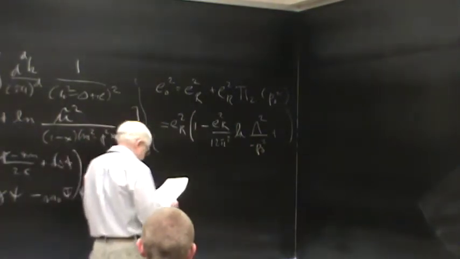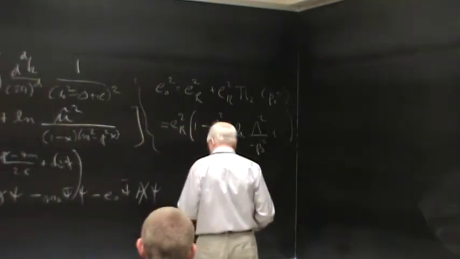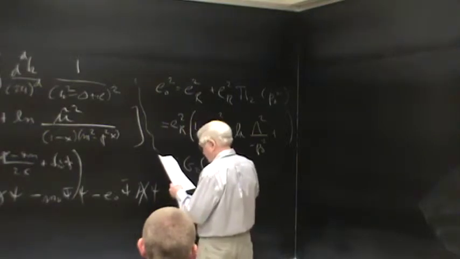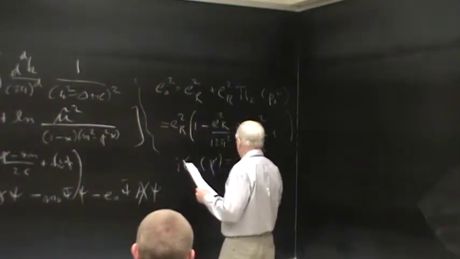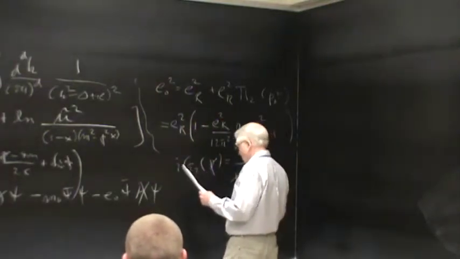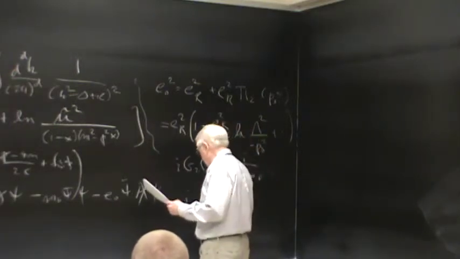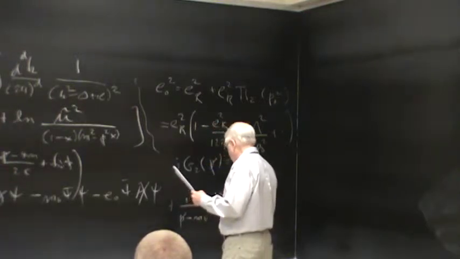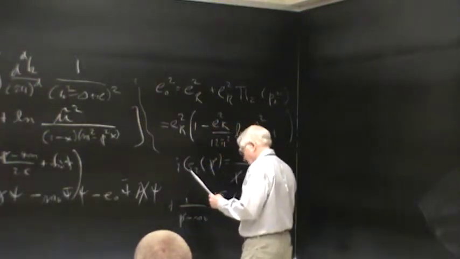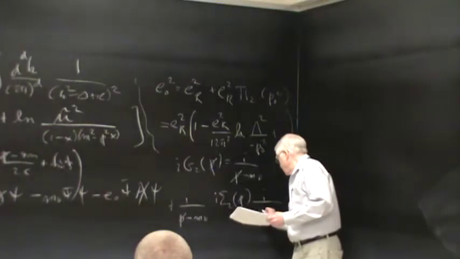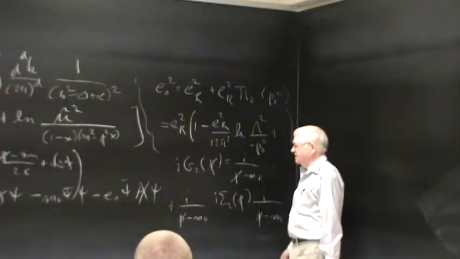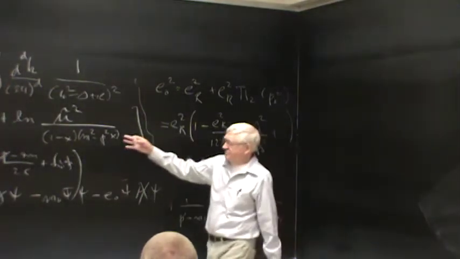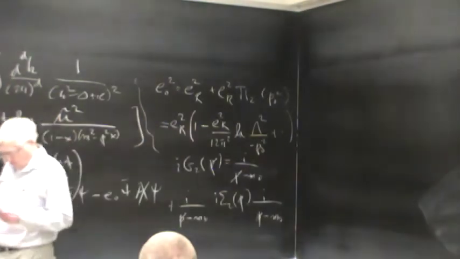Okay, and so we've got i G2 of p-slash, i over p-slash minus M0, plus i over p-slash minus M0, i sigma 2 of p-slash, i over p-slash minus M0. So the idea is to use this, the infinity in M0, to cancel the infinity of 2 over epsilon.